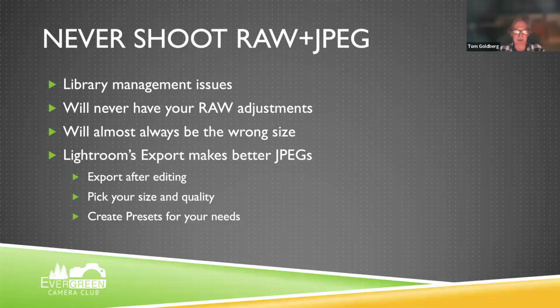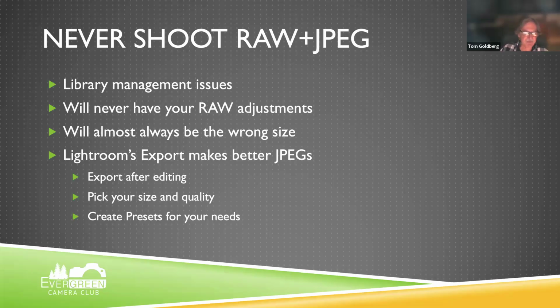They don't really need to be larger than that. Or if I'm going to enter it into a contest or maybe print it, then I want it large, and I'll use 3000 pixels, or I'll use the full-sized pixels I've got from the camera or from the crop.